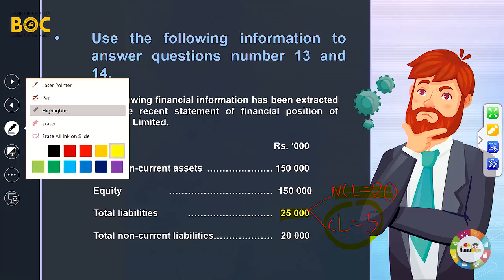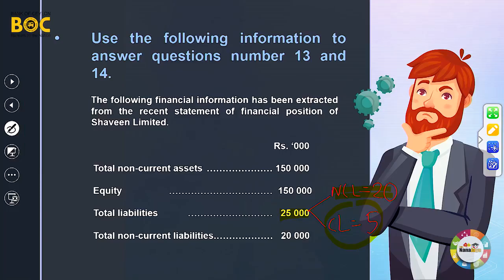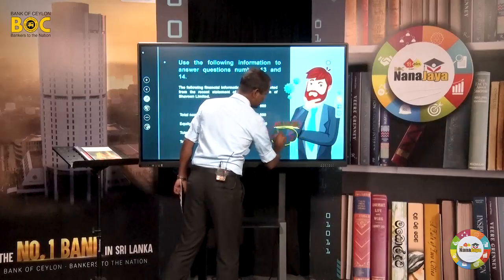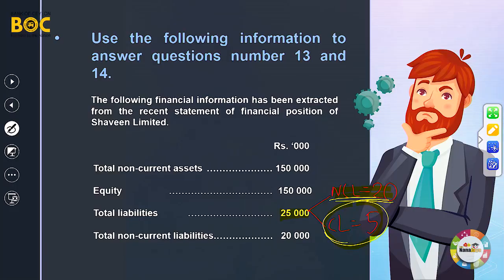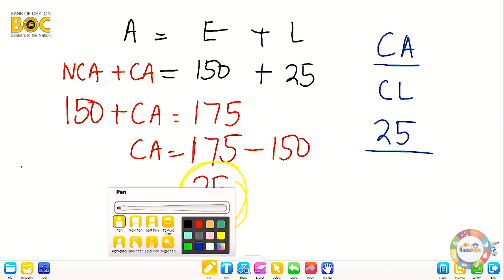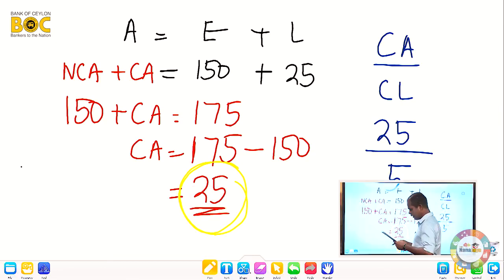The total liabilities consist of two, current and non-current. The non-current liability is given as 20. Then the balance should be current liability. Then the current liability is how much? 5 million rupees.